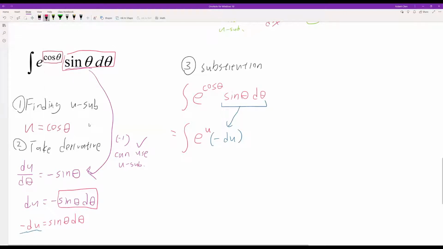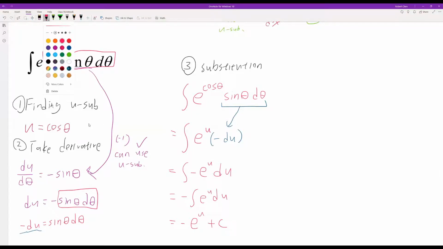And we can keep going, right? Multiply it out. We get the integral of negative e to the power of u du. So that negative sign we can actually bring on the outside, okay? Like that. And the integral of e to the u is just itself, right? So it's negative e to the u plus c, okay? And that's it. Step 4, reverse substitution.